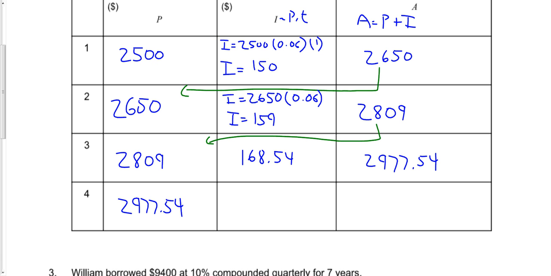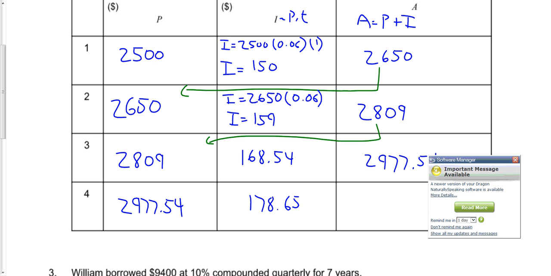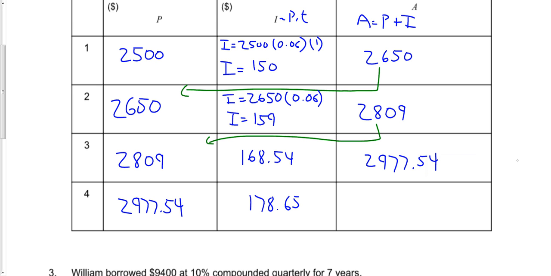And then in the final year, he starts off owing $2,977.54. His interest is going to be $178.65. And then we add that to our starting amount to give us a grand total of $3,156.19.